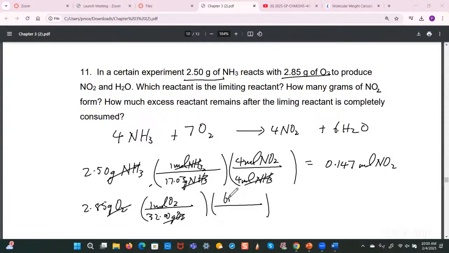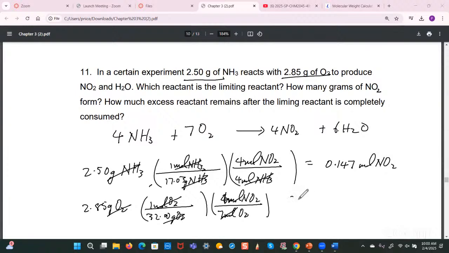Is it NO2 again? It's NO2 again. 4 moles of NO2 up top, and what goes below? 7 moles of O2. So this goes with that.